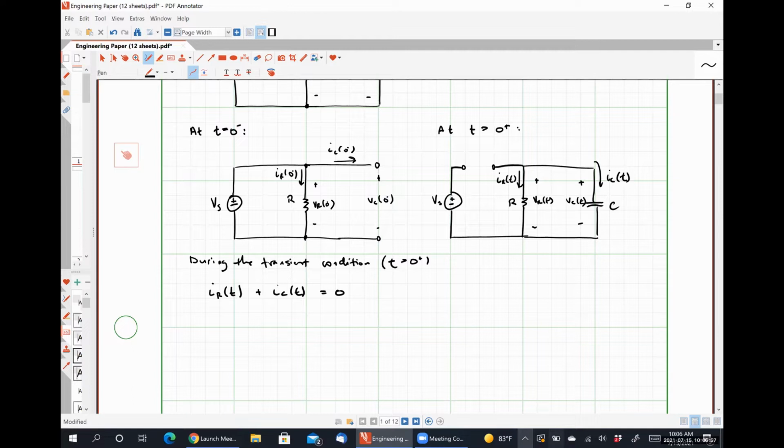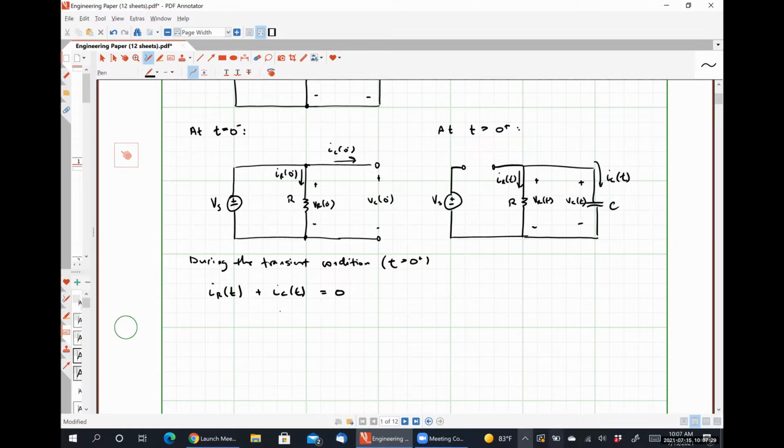We can express IR of t and IC of t in terms of our capacitor voltage, right? So we can easily see that VR of t and VC of t really represent the same quantities. So our current flowing through our resistor could be represented by the voltage drop over our capacitor, and we obviously know that the current flowing through our capacitor can easily be related to the voltage drop over our capacitor as well.